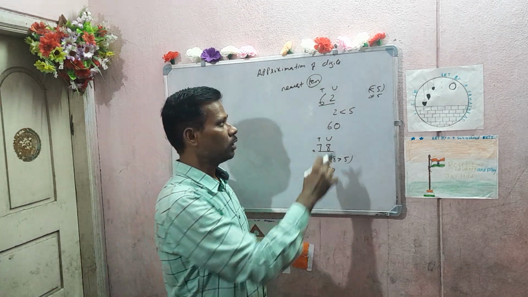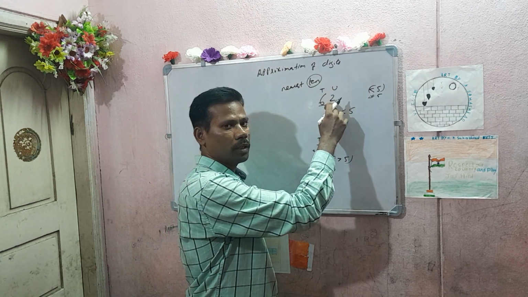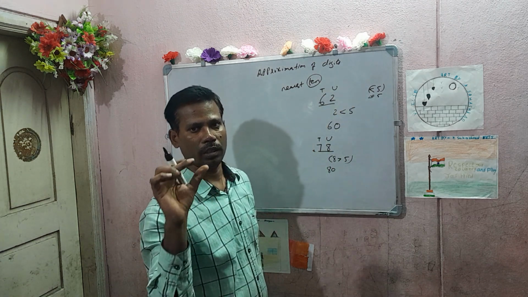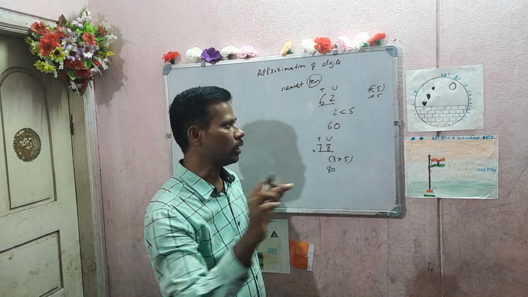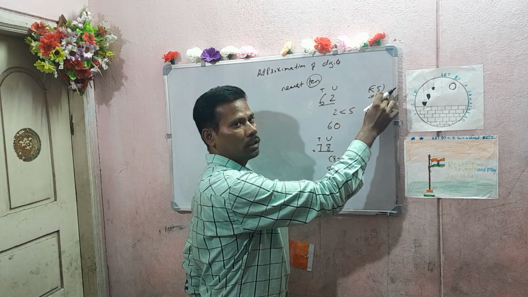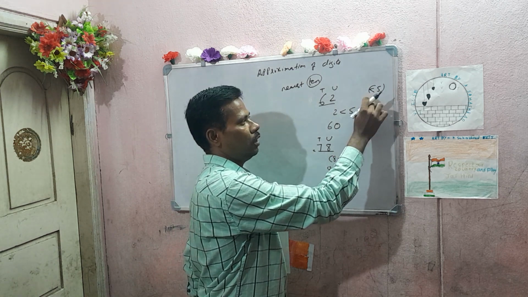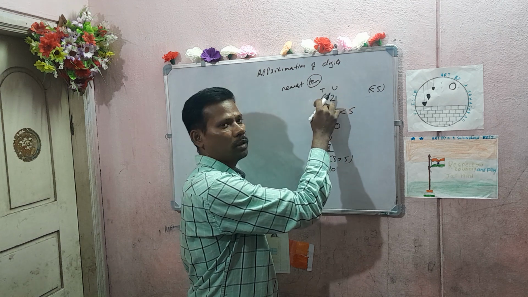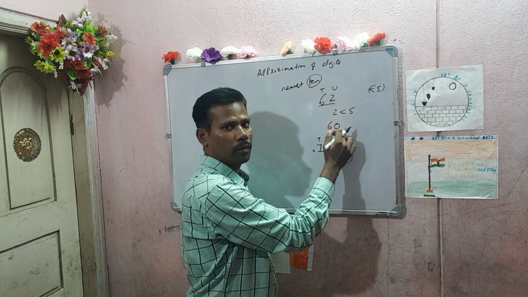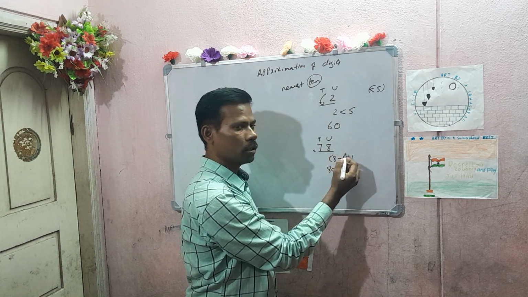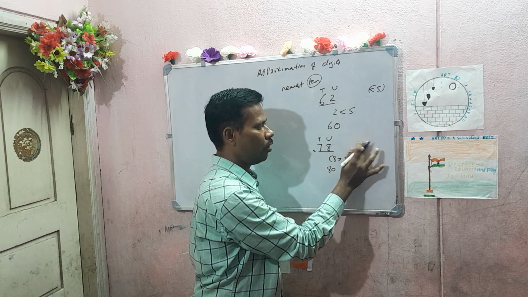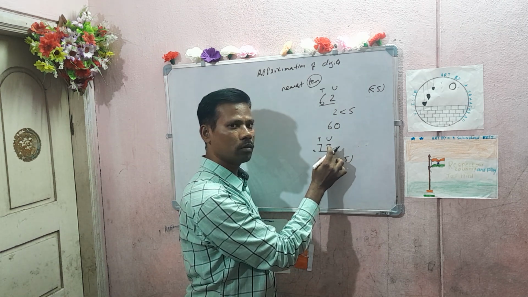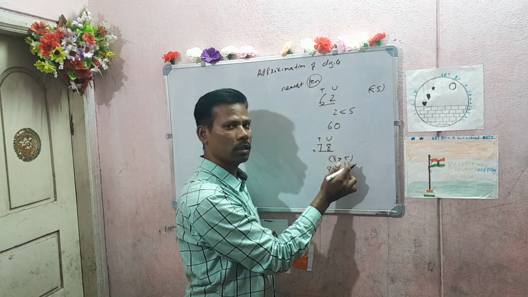So nearest to 10 means you have to see the units place. If the units place is less than 5, don't add anything to the previous one. The answer is the same. If the unit digit is greater than 5 or equal to 5, add 1.